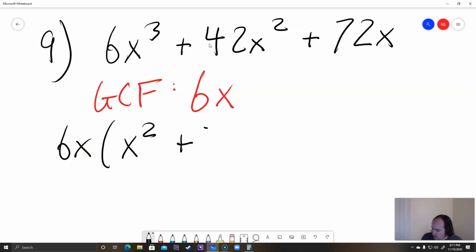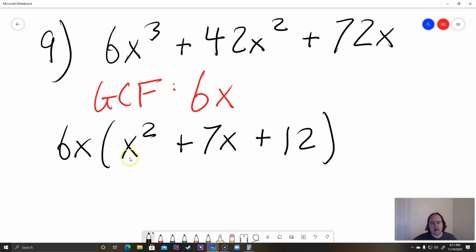So for the middle term, we're going to have a plus 7x, because 6x times 7x is 42x squared. And then for our last term, we factored out the x, but 6 times 12 is 72. So we're going to have plus 12 for our last term. So we have 6x times a quantity x squared plus 7x plus 12.